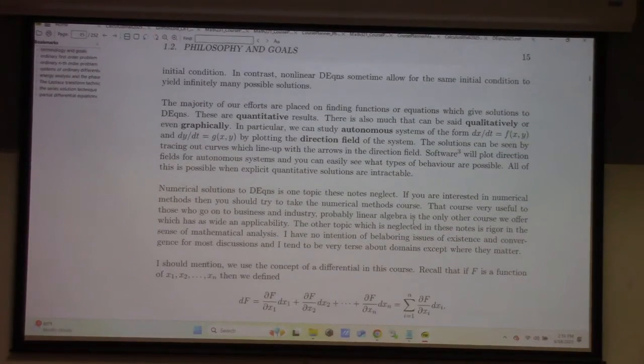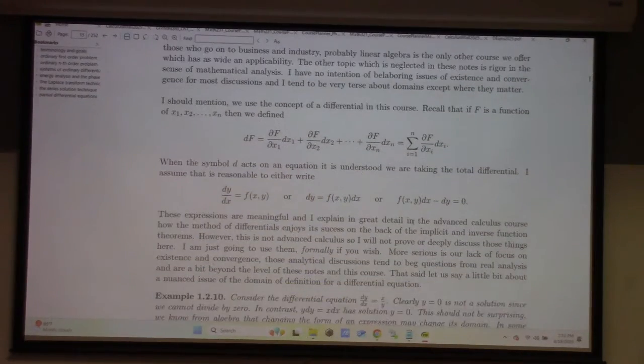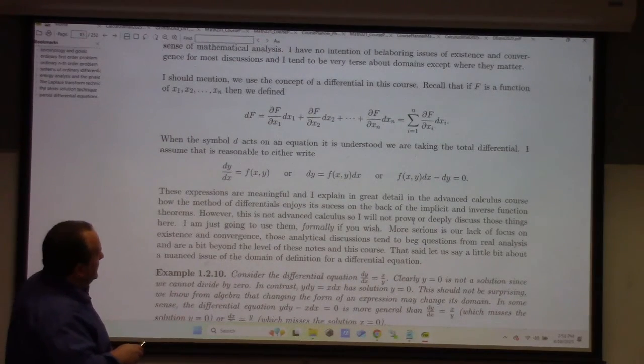All right, so I think that may be just about it. I talked a little about this already, but just to reiterate, the total differential of a function with n variables is partial f partial x1 dx1 plus partial f partial x2 dx2, all the way out to partial f partial xn dxn.